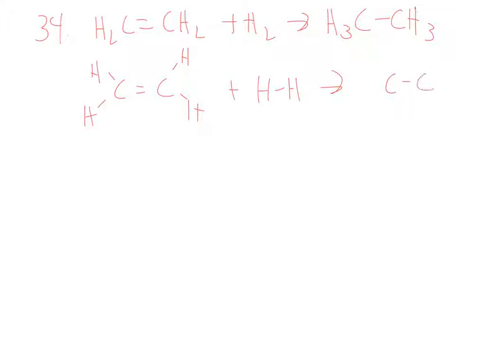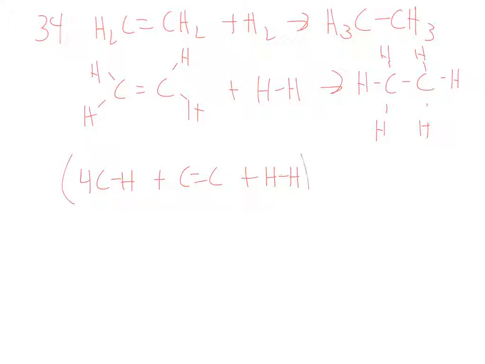And over here, I'm going to have the carbon single bonded between the two carbons, and then the three CH bonds. And remember, it's reactants minus products, but if I look at what I have here, I have 4 CH single bonds, plus I have a carbon-carbon double bond, plus I have an HH single bond. That's my reactant side.